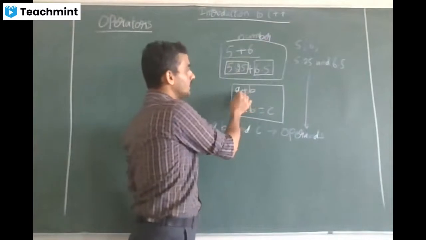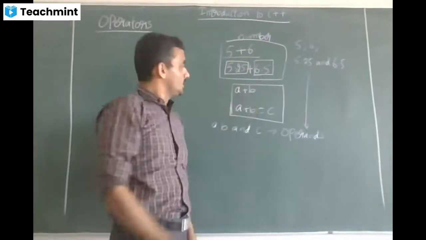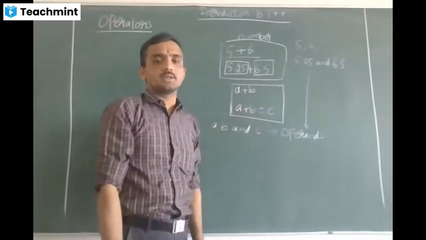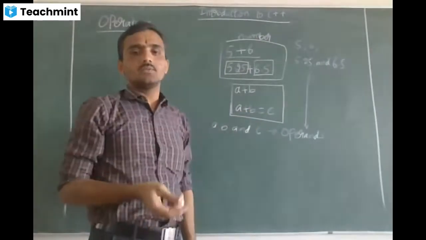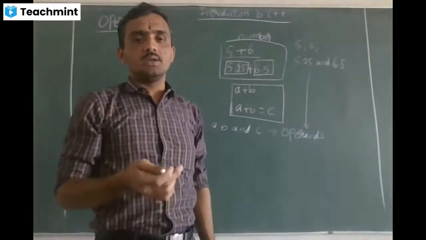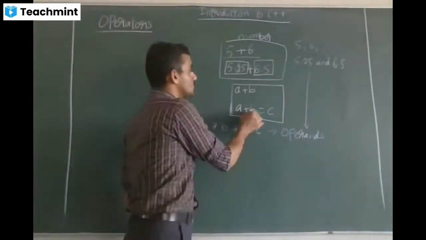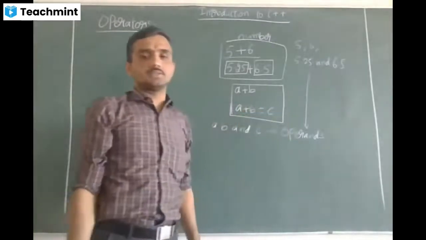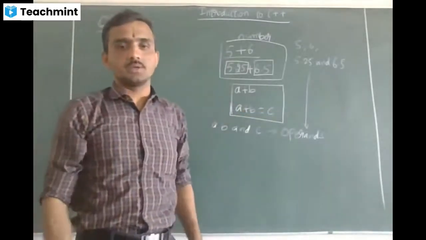Similarly, plus is an operator, and A and B are the operands. Plus and equal to are both operators here. Equal to is also an operator, it is a symbol. Whenever you consider a symbol and it is doing some operation, that is nothing but the operator. So plus and equals to are both operators, whereas A, B, and C are the operands. I hope people got it.